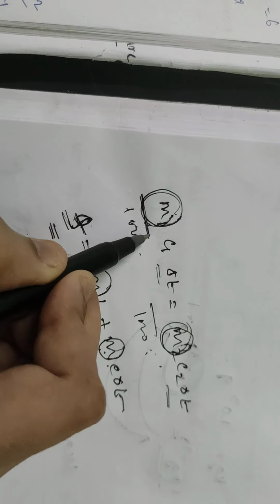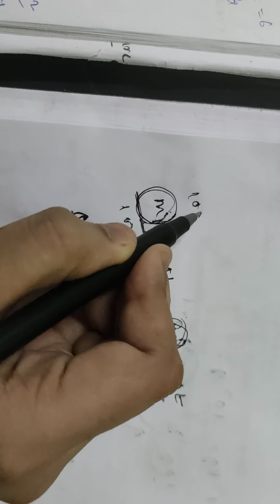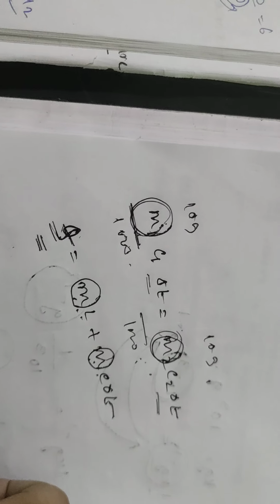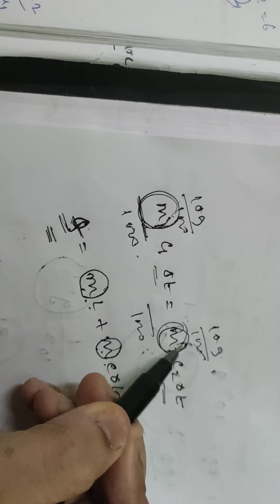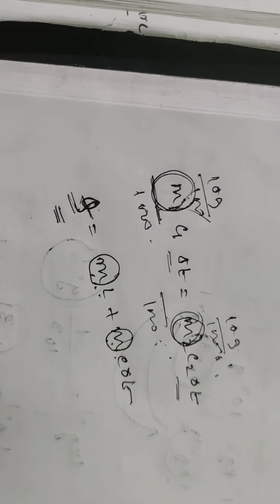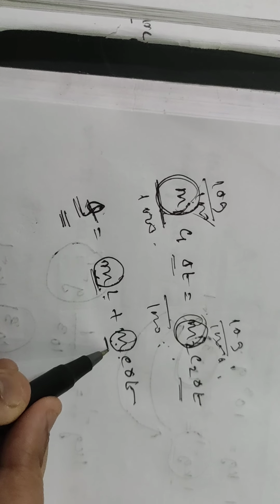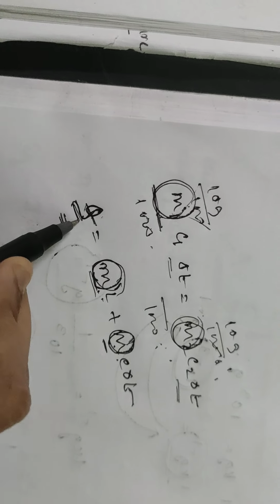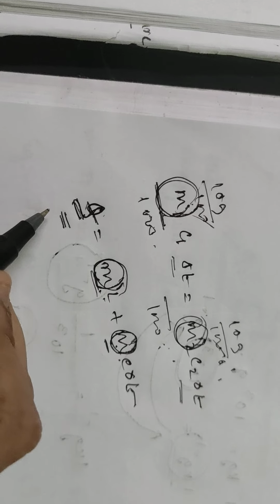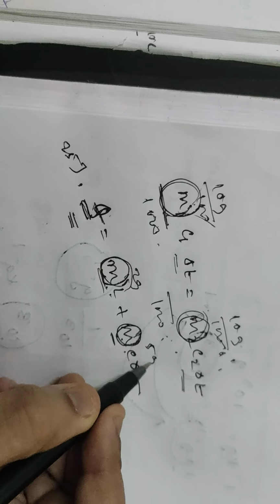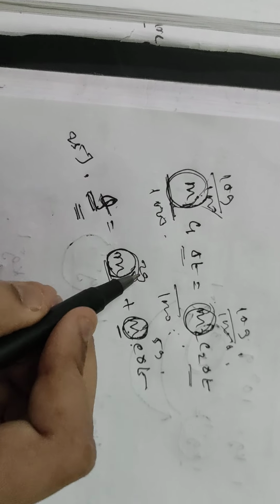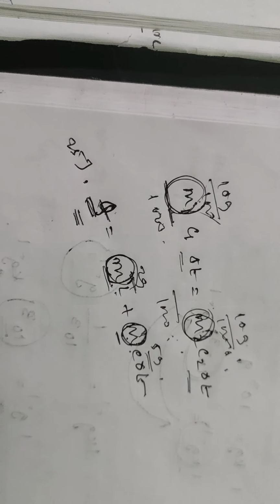And if you want to keep this in gram, say this is given 10 gram, this is also 10 gram. Even if you convert to kg, both sides 1000 gets cancelled. But in this case, there is no scope for that. So if this is in gram and this is given in joule, like in this sum, say 25 joule, and this is given, say, 2 gram, 5 gram, whatever, convert these grams into kg.